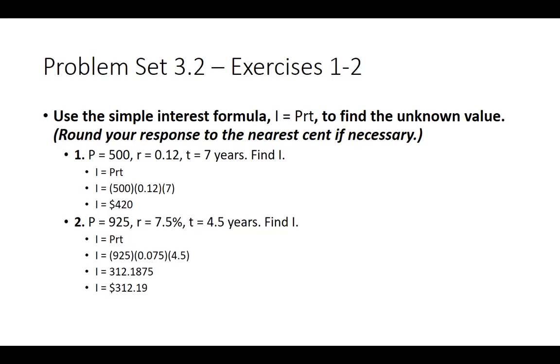In number 1, we're given that P is 500, R is 0.12, and T is 7 years. We want to find I, so plug in what we know. PRT becomes 500 times 0.12 times 7, which calculates as $420.